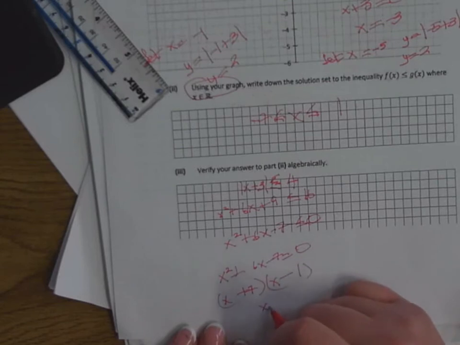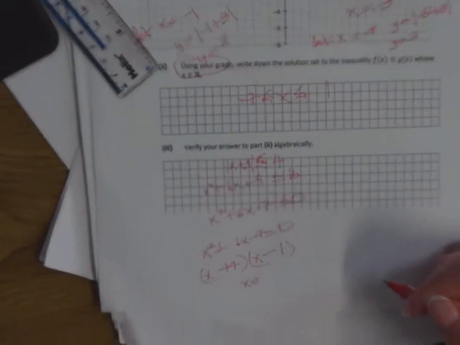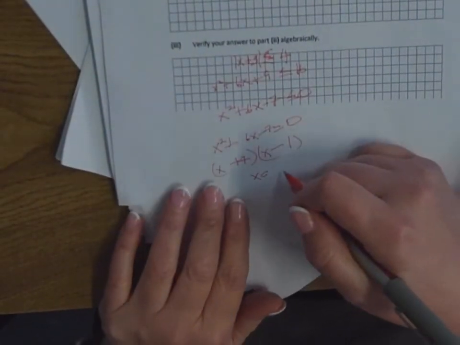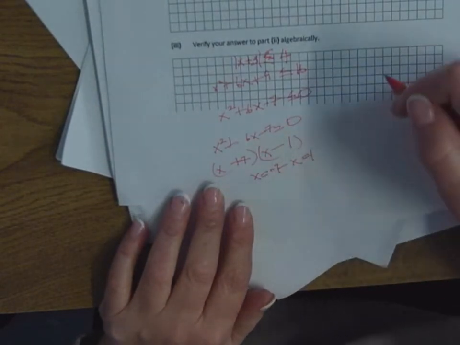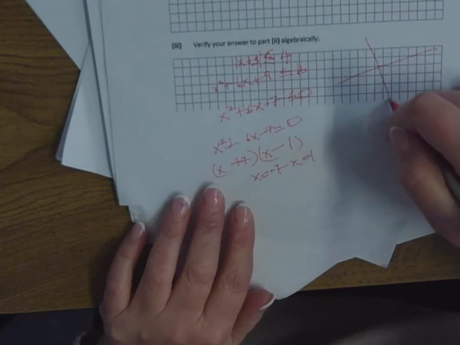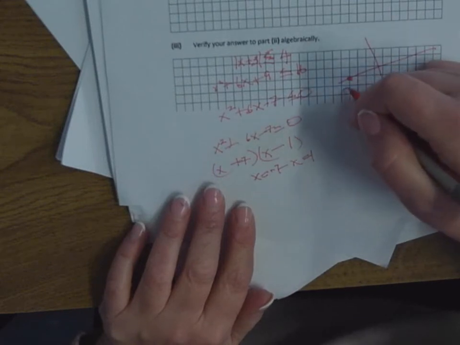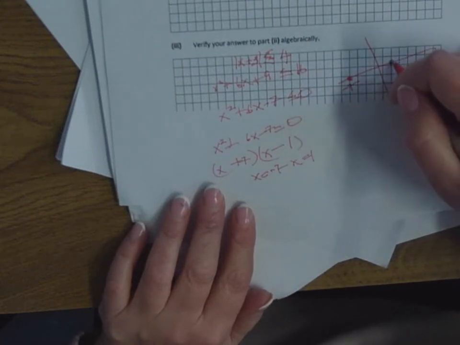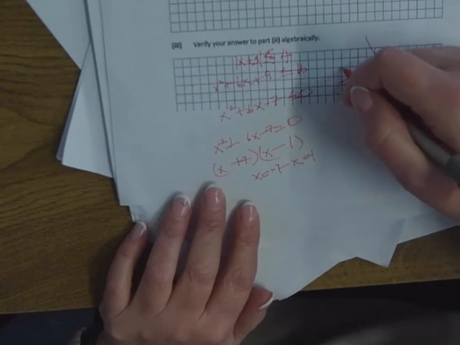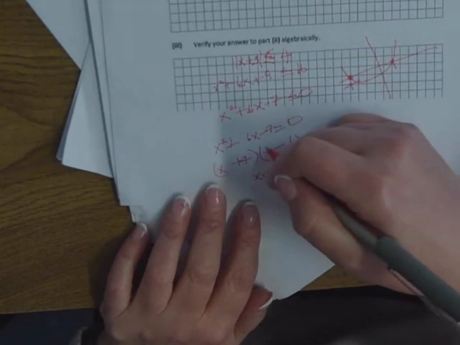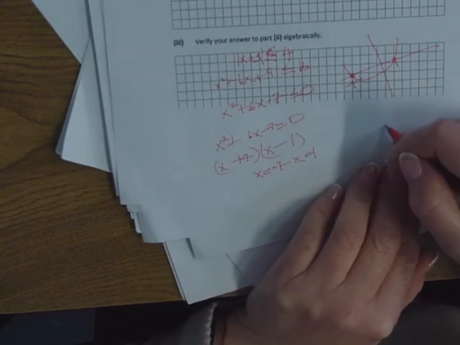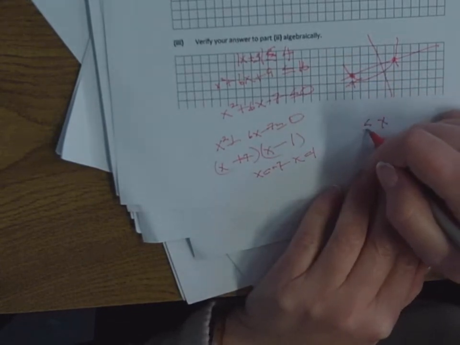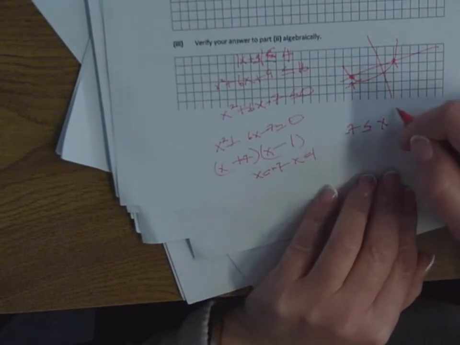Let each bracket equal 0 to get x equals minus 7, and x equals 1. So sketch: it crosses at minus 7 and it crosses at 1. It's a U-shaped curve, and you want to know where it is less than or equal to 0. That's between minus 7 and 1, which is what we got up above.